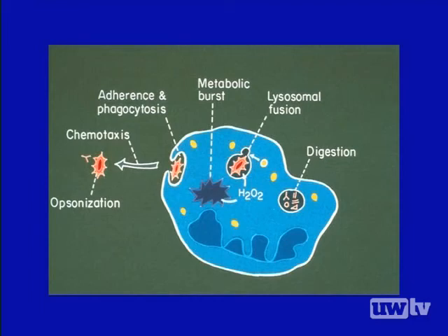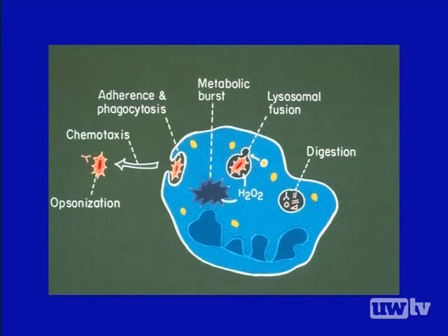In the tissues, then, neutrophils have a remarkable capacity to virtually explode. That is, when the cell surrounds a bacteria, which is usually coated by antibody proteins in the process we call opsonization, and it's having moved there by the process of chemically directed movement, or chemotaxis, the bacteria gets inside the cell, and then inside the cell, a series of complex but very important events occur, what we call the metabolic burst.